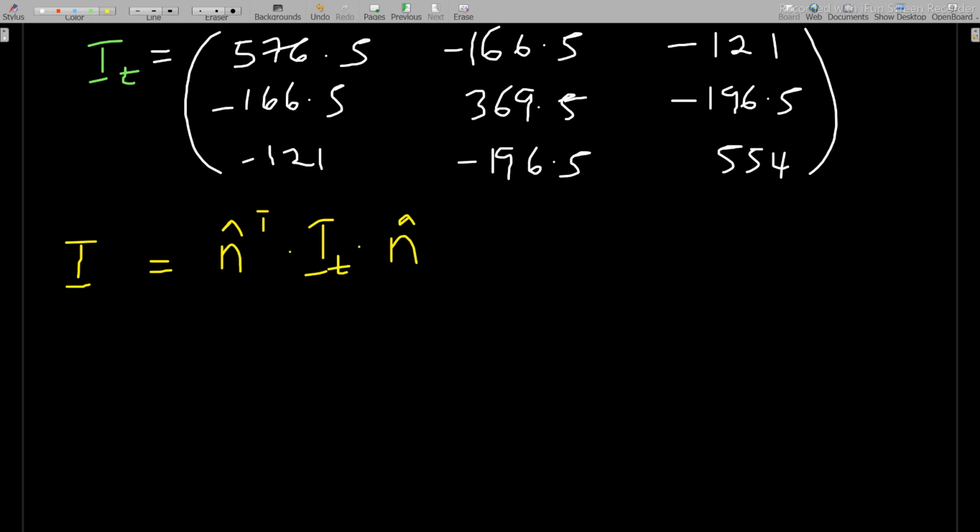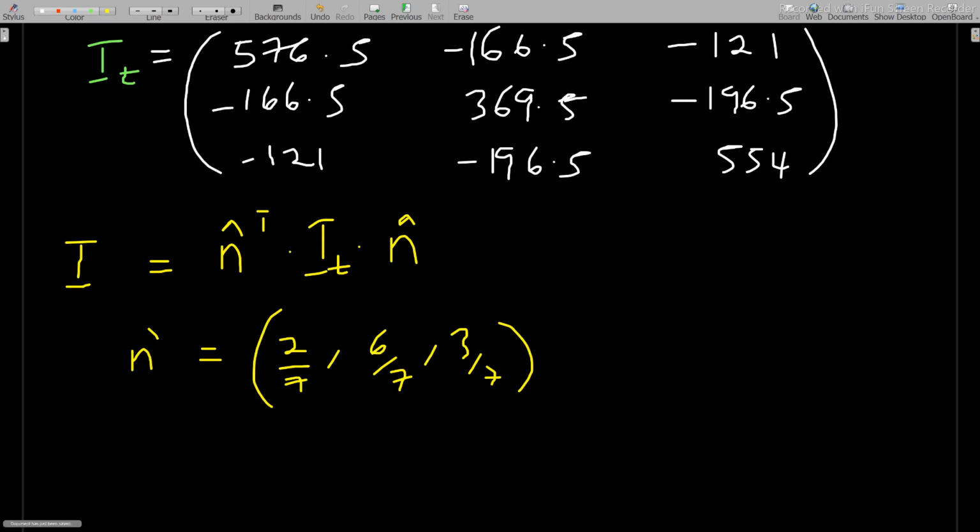Now the n cap given here is equal to 2/7, 6/7 and 3/7, okay. Now if I transpose this, I will get a 3 by 1, and if I multiply it to this matrix, which is 3 by 3, it won't work, okay. So I have to make sure that I interchange them, okay.